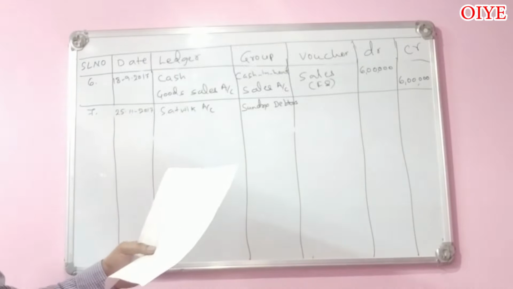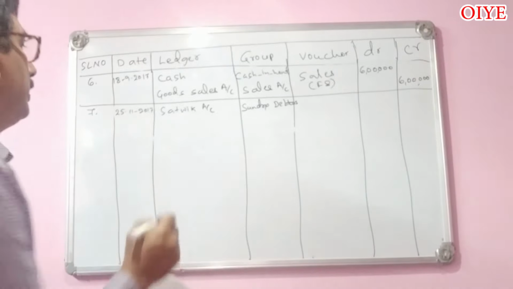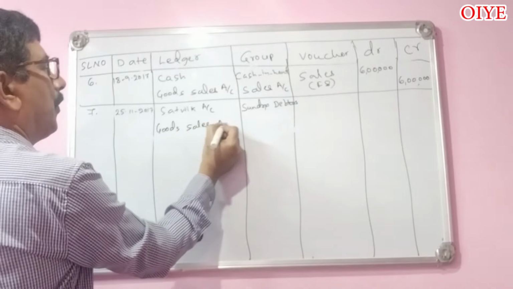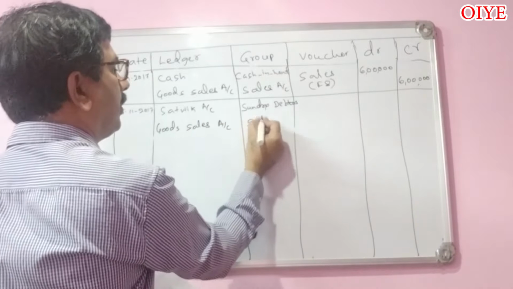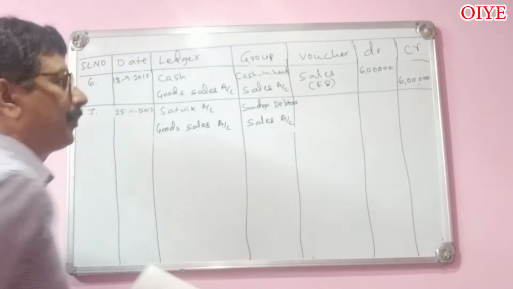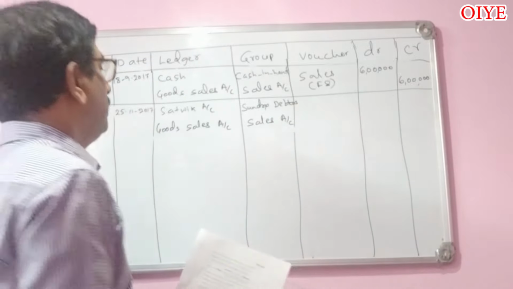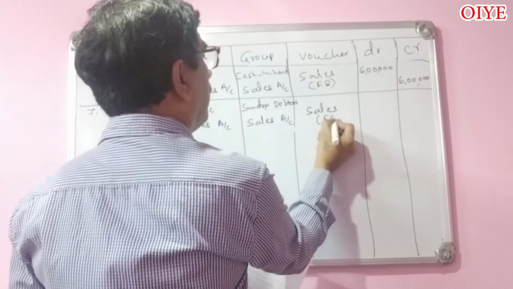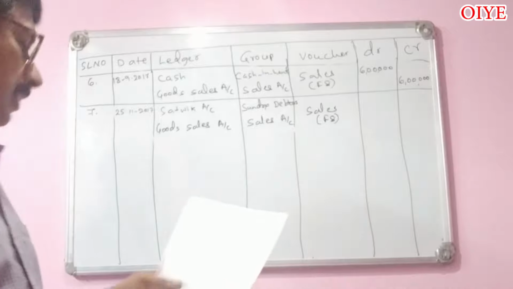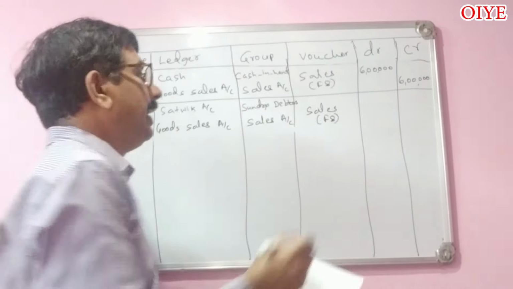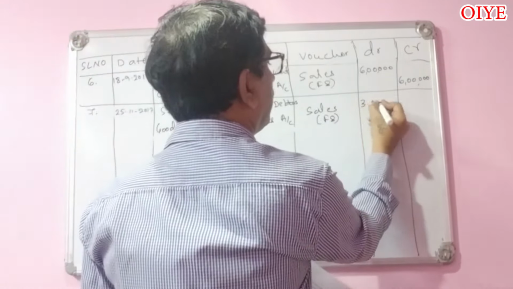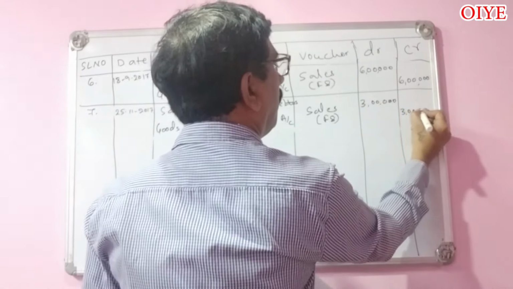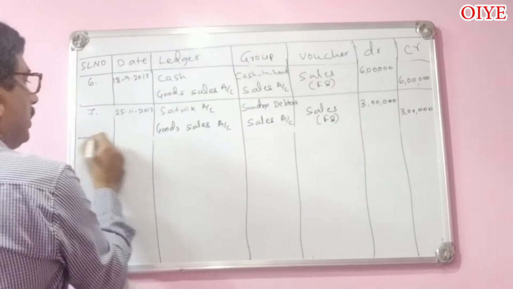So Satvik account under sundry debtor, and then goods sales account under sales account, and the voucher is sales again, shortcut key F8. Now the amount is 3 lakh. Mention 3 lakh here. Now the 7th entry is over.